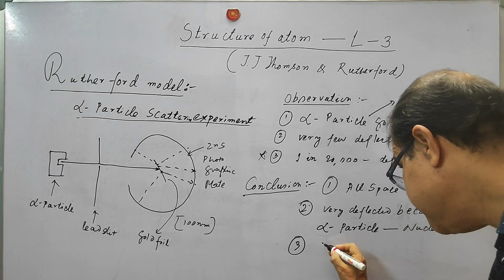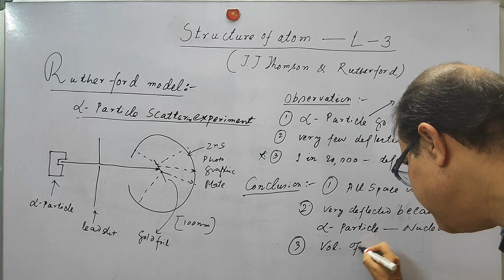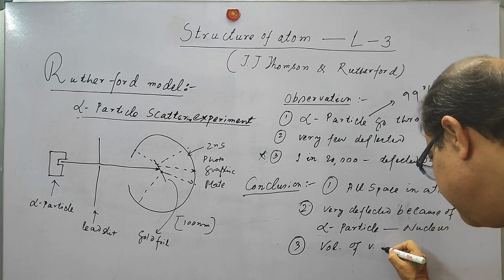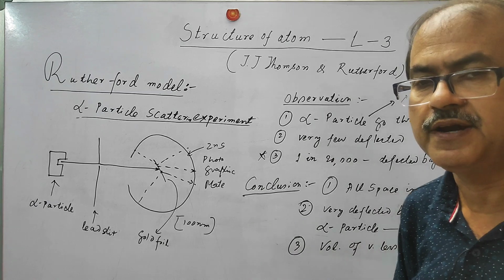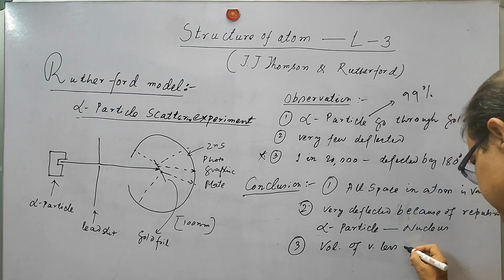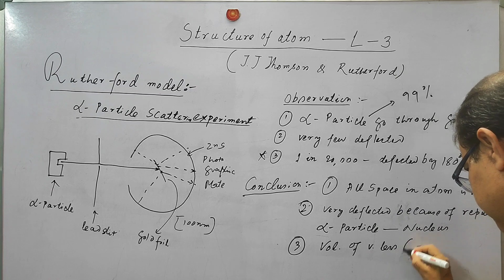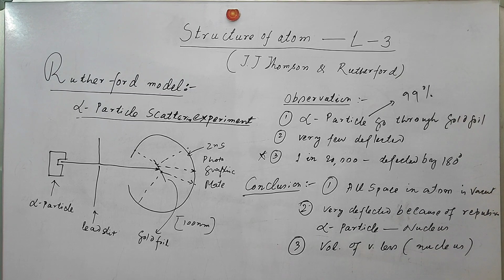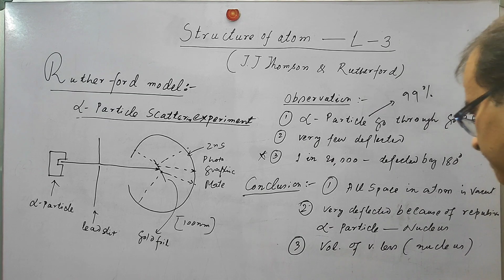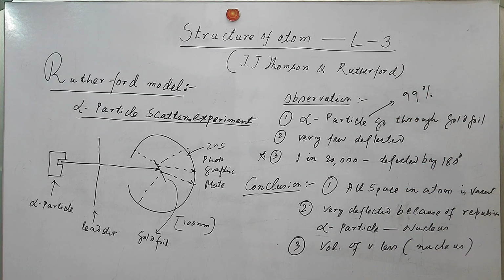And the volume of the nucleus is very less, because only 1 in 20,000 alpha particles has been deflected. This is the conclusion by Rutherford.